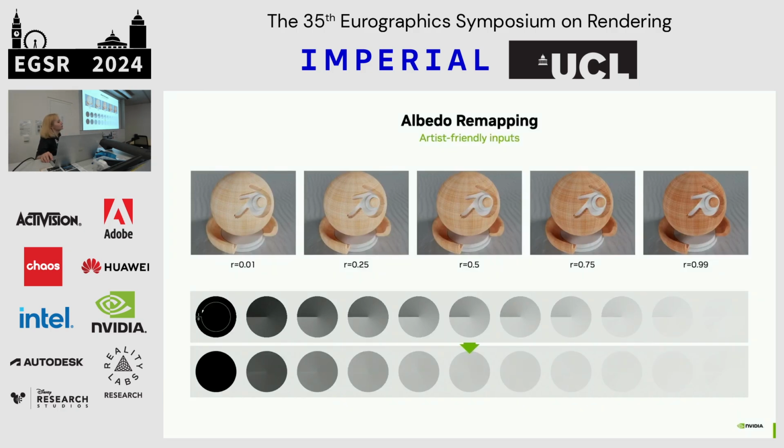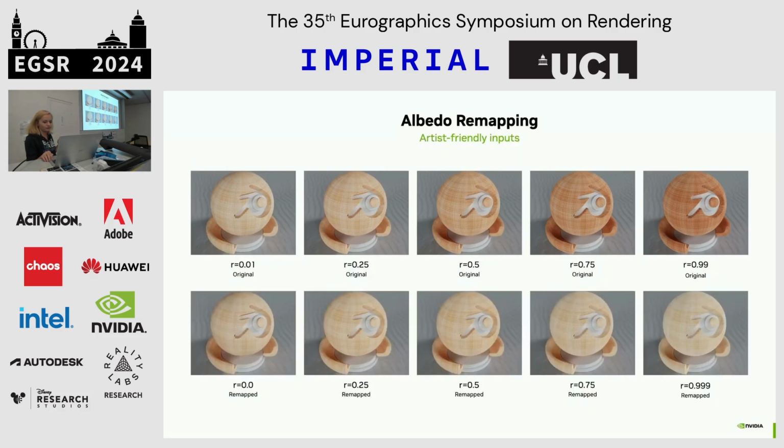What we can see in the top row where we don't have any remapping is that the roughness will introduce darkening, whereas when we do our remapping scheme, the colors stay more or less constant. Another nice thing which these images show is that the darkening is not due to energy loss. So any kind of darkening we see is just pure absorption. Even in the unremapped case, we still obey energy conservation.